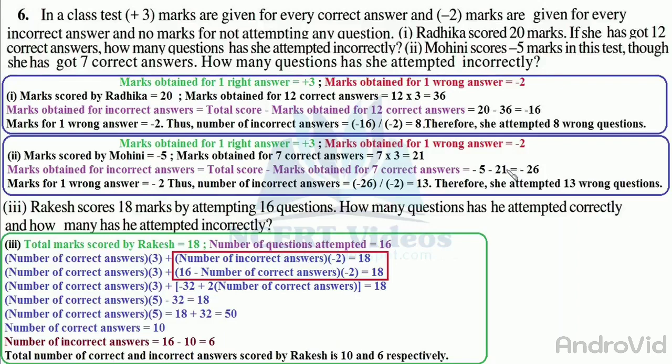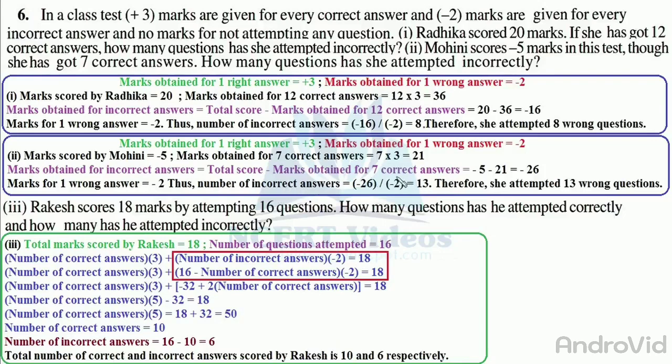Out of them, 5 are wrong. So this means 5 are correct, if every one question fetches you 1 mark. So this is the basic idea. Now marks for one wrong answer is minus 2. Therefore, when we divide this minus 26 by minus 2, we can get the number of incorrect questions.